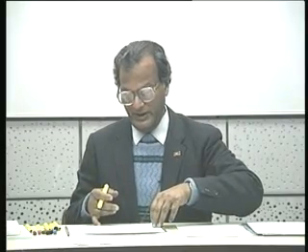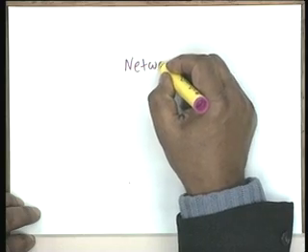So we have shown an example, and we shall work out other examples for Norton's theorem in the problem session, some very interesting examples. We now turn to the main topic of today, namely network functions.